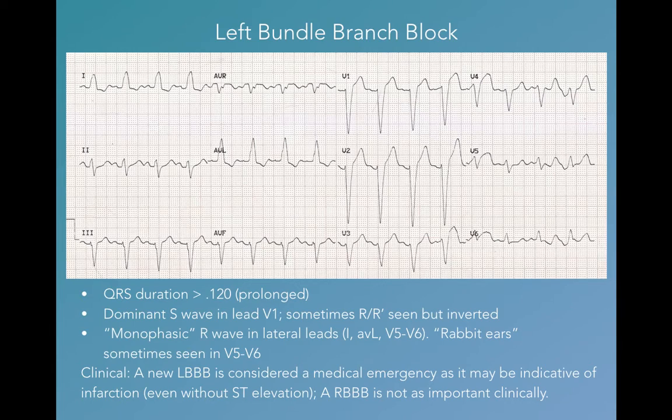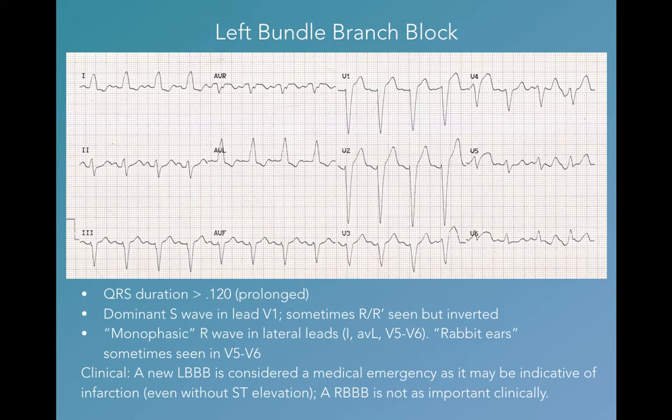The other thing is it could be a monophasic R wave, but you can see rabbit ears as well in V5 and V6, or one in aVL, because those are all the lateral leads. The major thing you want to look for, though, and the thing that's going to stand out to you, is what this EKG shows in V1 and V2, which is the dominant S wave.